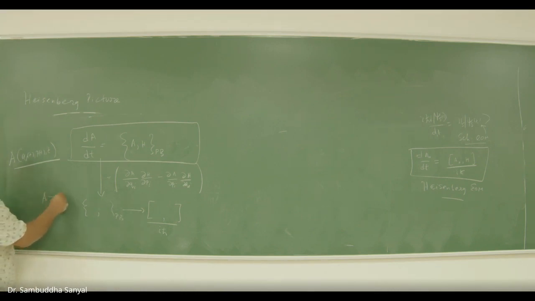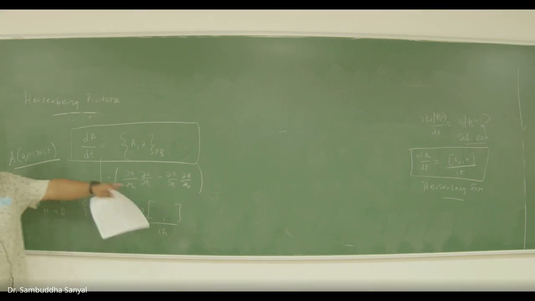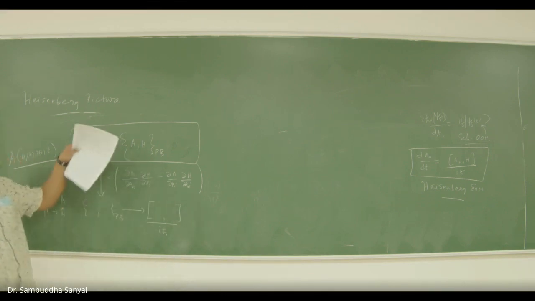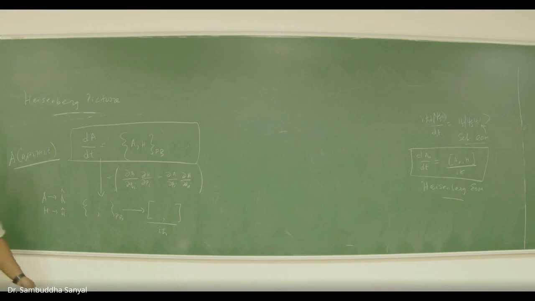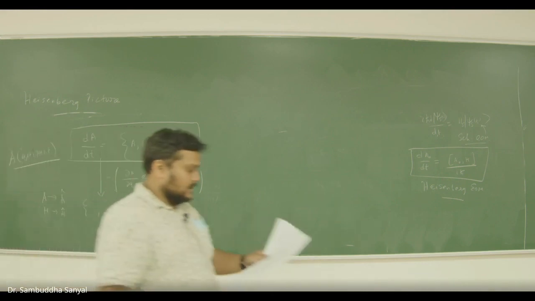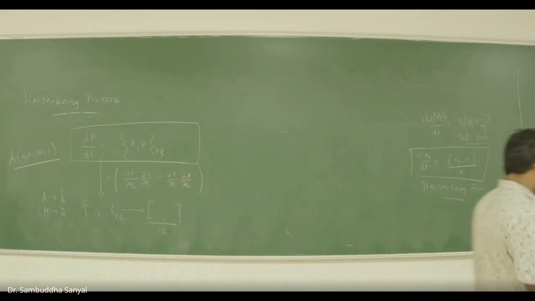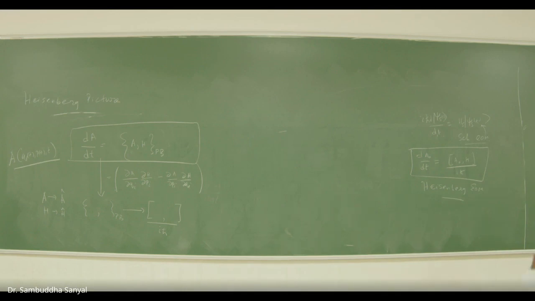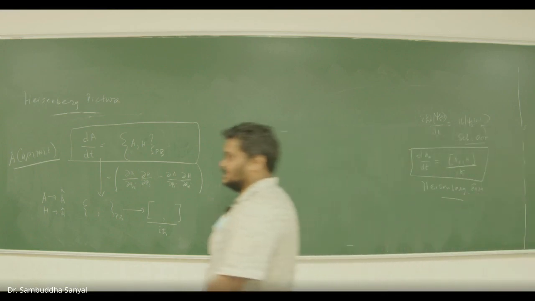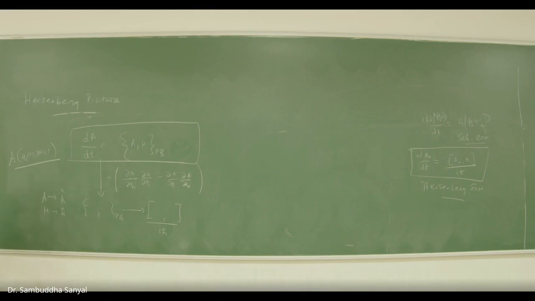So A becomes A hat, H becomes H hat, because observables are not numbers in quantum mechanics, they are operators. Okay, so this is an operator equation, and this is an equation of a function. So think about this point, and that's where I'll stop for today. In the next class I'll make a more elaborate connection between classical mechanics and quantum mechanics. Okay, so that's all for today.